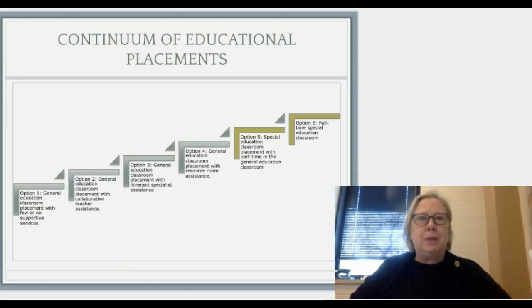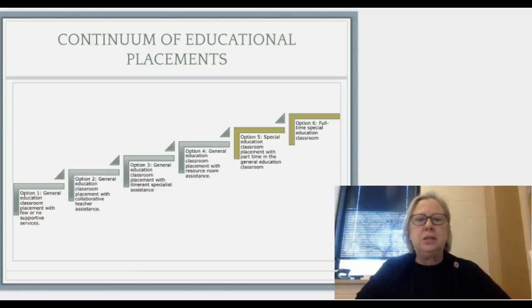The goal of least restrictive environment, it's a federally mandated understanding for programming students with special needs, is that the student is put into the classroom, into the setting that is the least restricted for them.